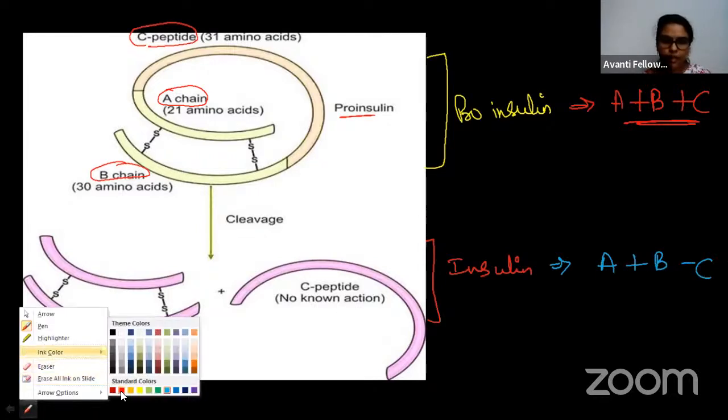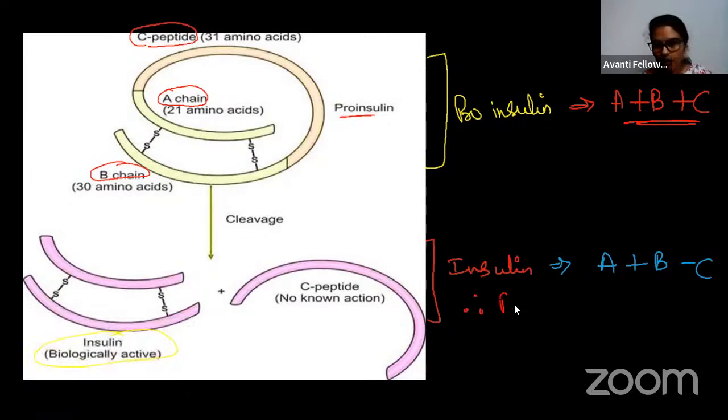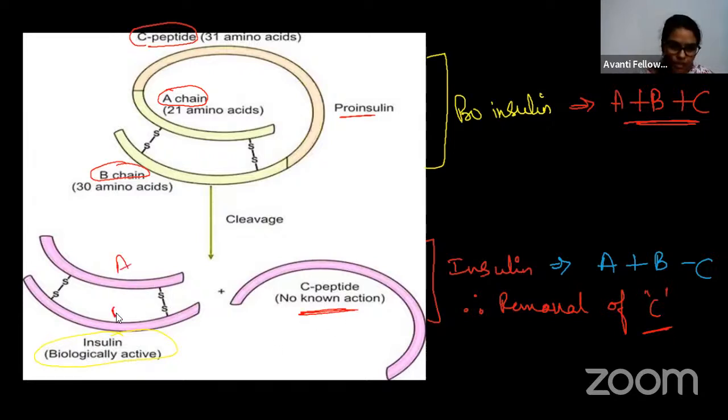Hence removal of C peptide. देखो यहाँ पे C peptide निकल गया. So this is A, this is B. Now this is called as biologically active insulin. ठीक है, this is very easy.